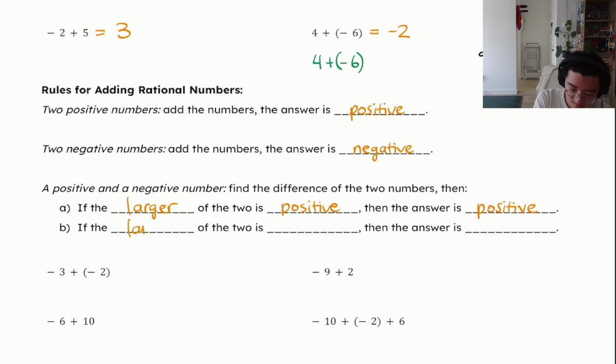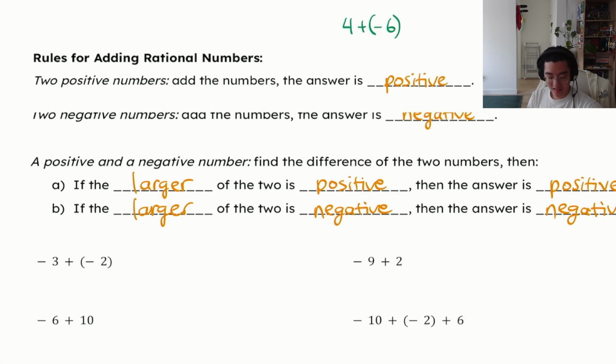Similarly, if the larger is negative, then the answer is also negative. And when we add those, we're essentially subtracting them and then giving them a sign.